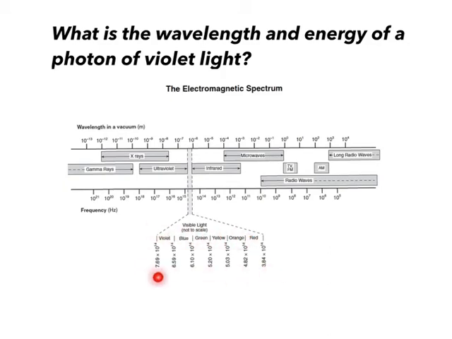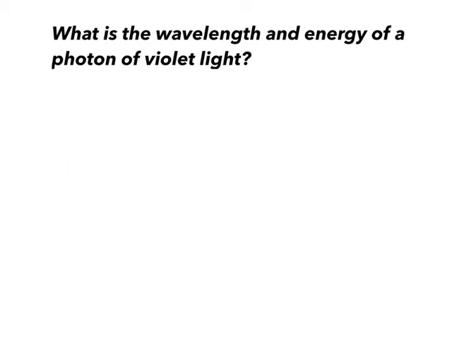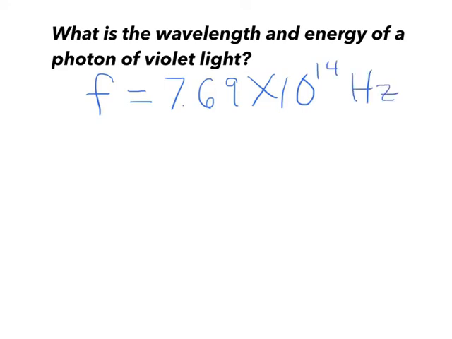So I can see the frequency of violet light is 7.69 times 10 to the 14th hertz. So let's write that down. Frequency of violet light is 7.69 times 10 to the 14th hertz, or per seconds. Now, wavelength is related to frequency through this formula. Speed of light equals frequency times wavelength. So if I want the wavelength, I'm going to solve for it here.